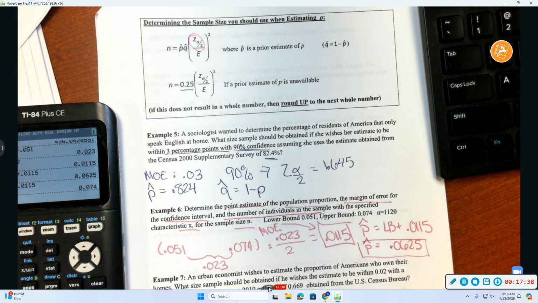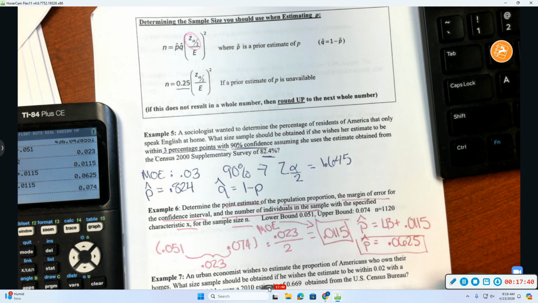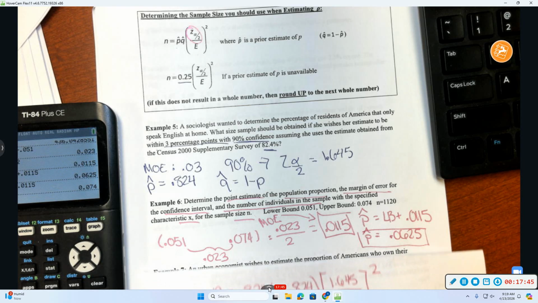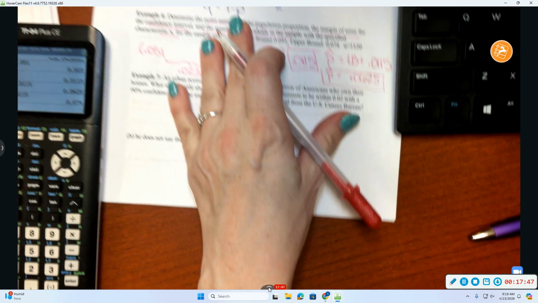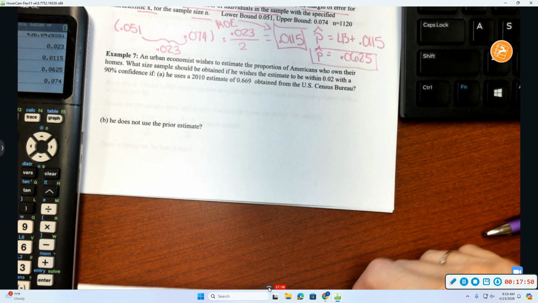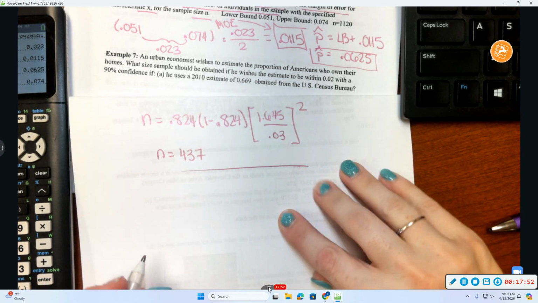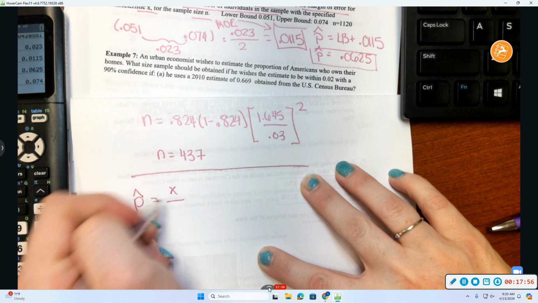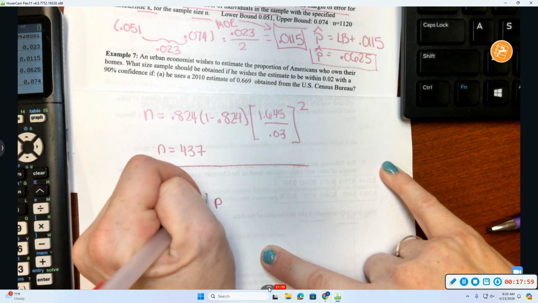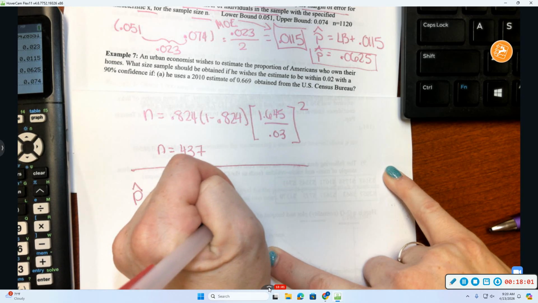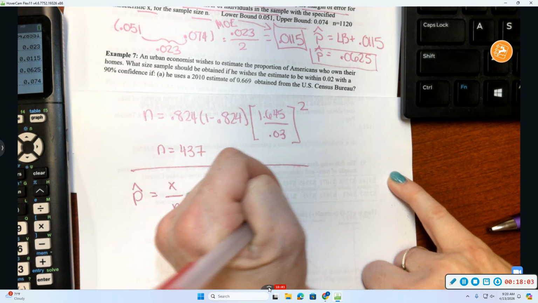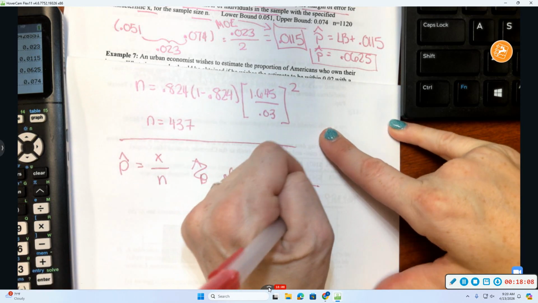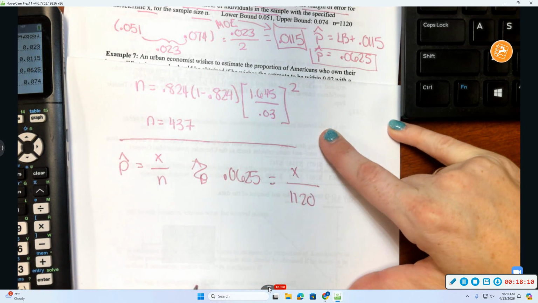Well, we know that p hat, which is x divided by n, is 0.0625, and n is 1120, then we can find x easily.